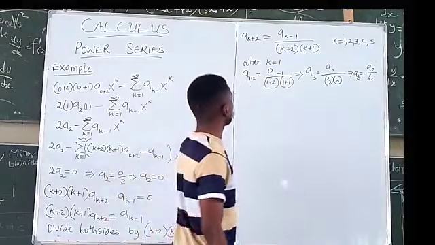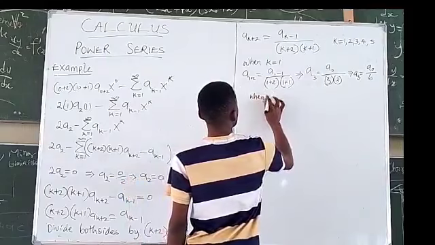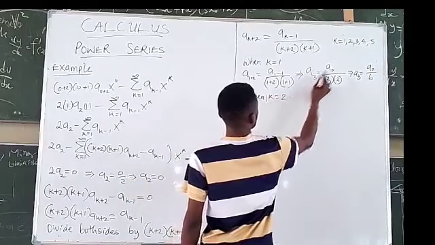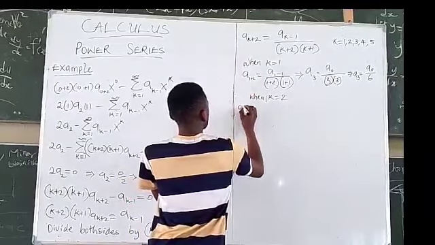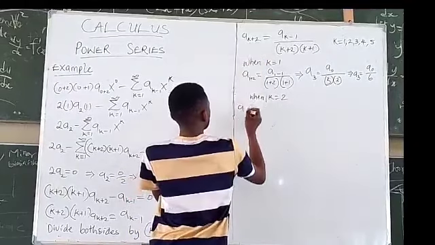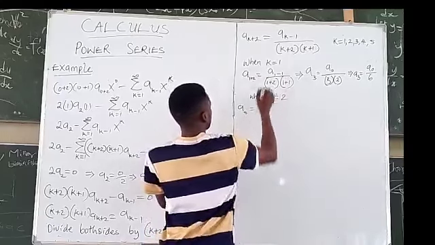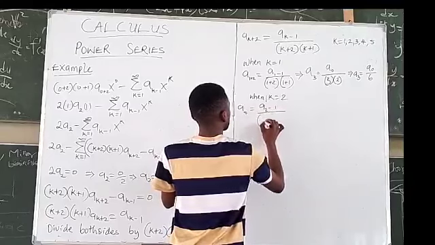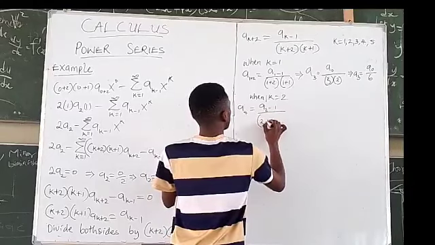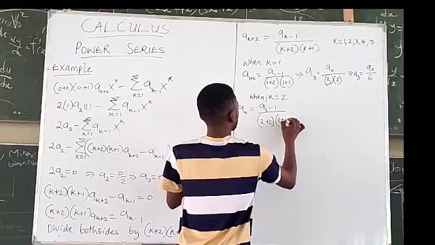Okay, let's continue. The next one will be when k is equal to 2. When k is equal to 2, if you put 2 here, it becomes a4. Then substitute a2 minus 1 all over 2 plus 2, bracket 2 plus 1.